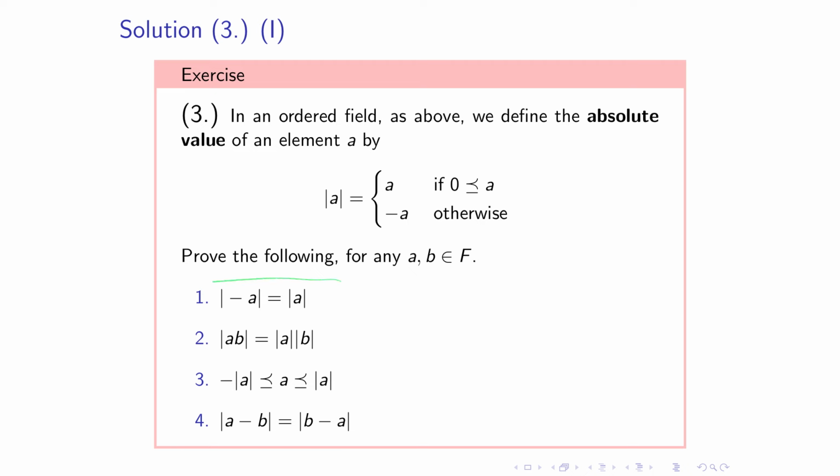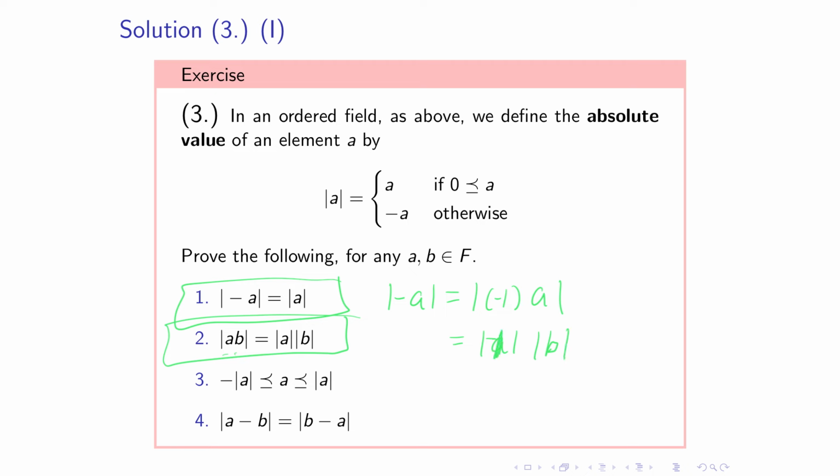Okay, for the absolute value, we will prove parts 1, 2, 3, 4, 5, but actually I think I'm going to start from proving property number 2, because if I can prove property number 2, then for property number 1, I could start by writing absolute value of negative a as negative 1 times a. Then there's an a, there's a b, so I can split up the absolute value.